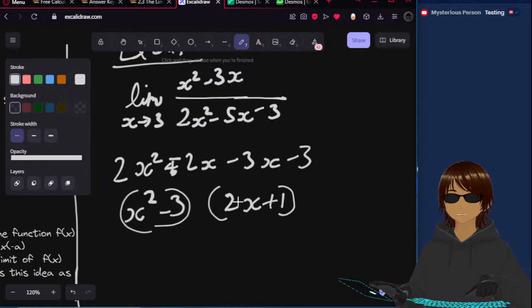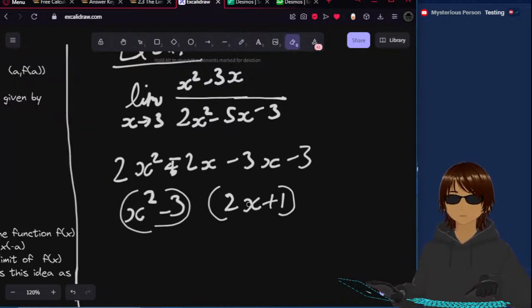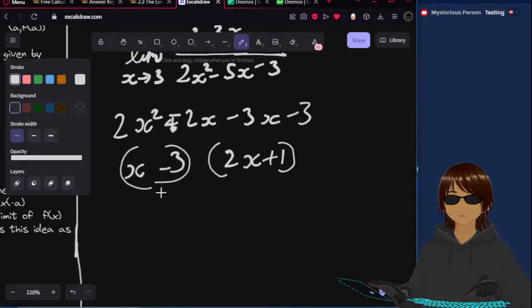Or there is a square here and there's no x here. No, that doesn't work. Two x squared. Maybe factoring doesn't work.